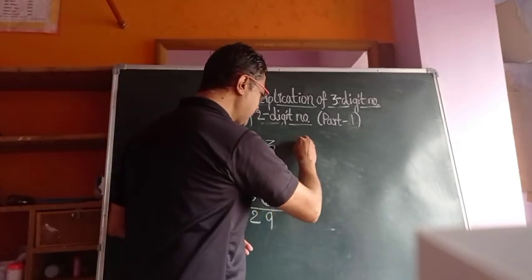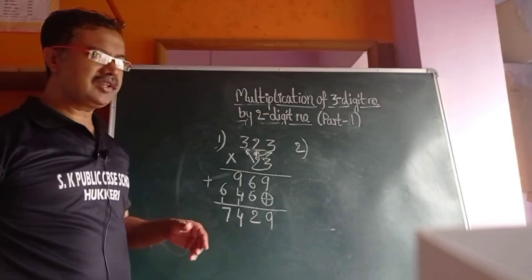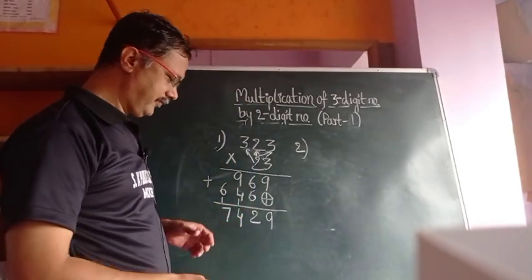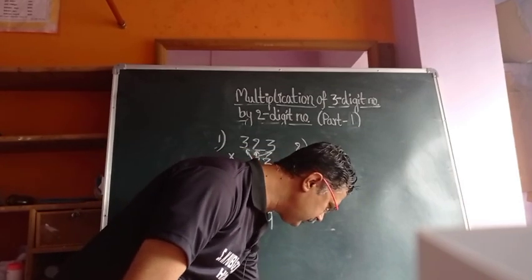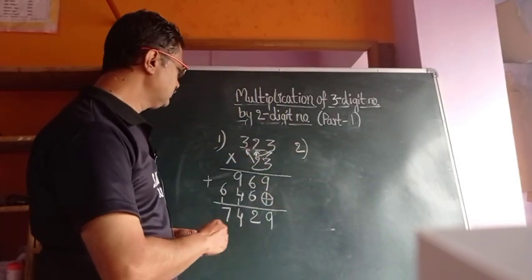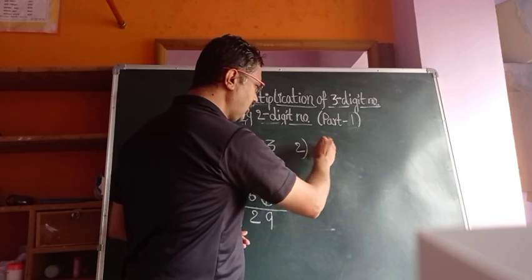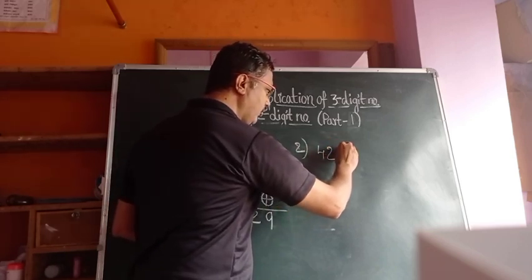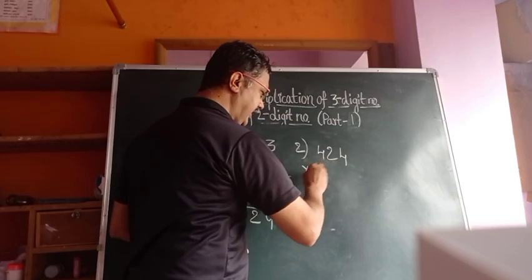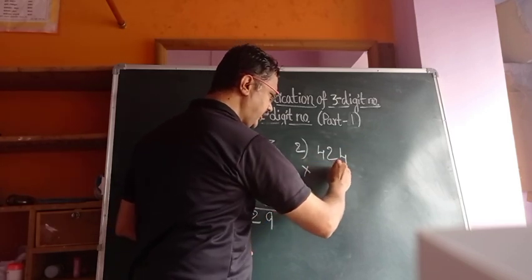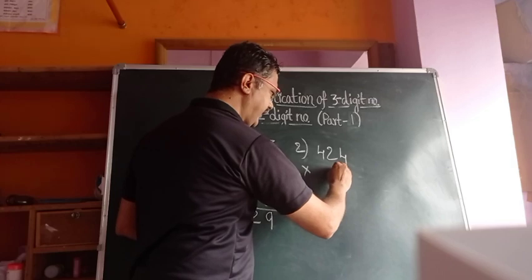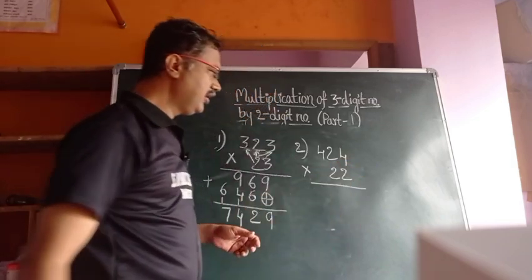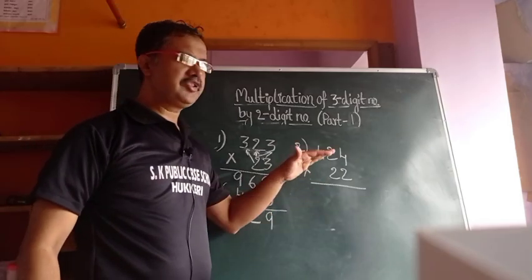Now I'll take another example. Just copy these numbers and practice this. 424 into 22. First basics. Why am I taking it step by step?